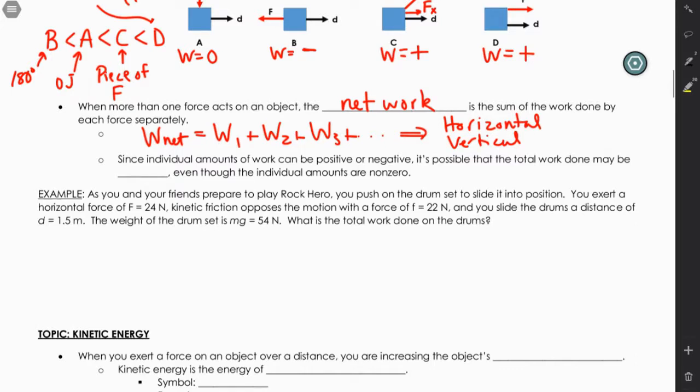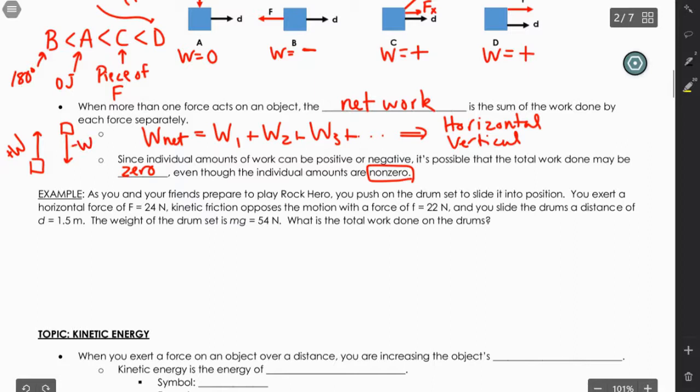Some of the individual amounts of work can be positive or negative, which means it is possible for the total work done to be 0, even though the individual amounts won't be 0. It'd be like if I take an object and lift it up, but then it falls down, or I bring it down, which means I do positive work going up, but then I do the same amount of work in the negative direction coming down.